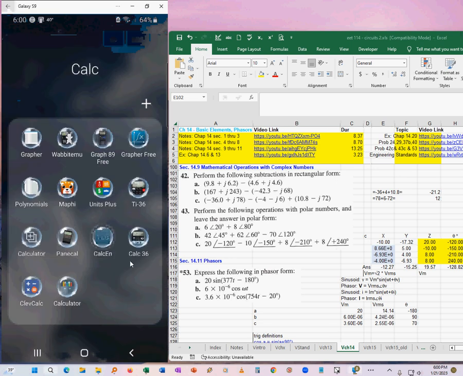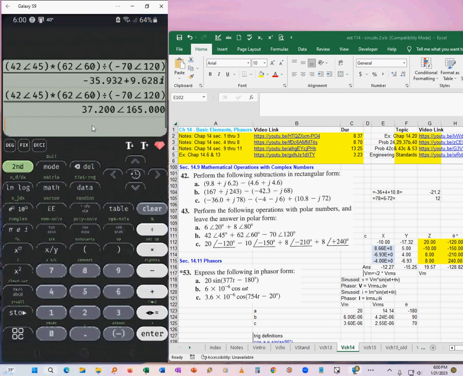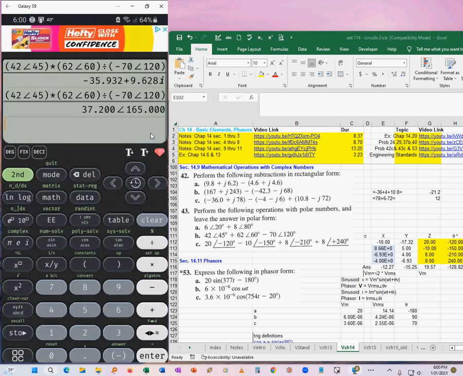So that should be a good demonstration of how to do these calculations with complex numbers on your calculator. You're going to be doing a lot of them, so get familiar with your calculator and know how it works, your different modes.